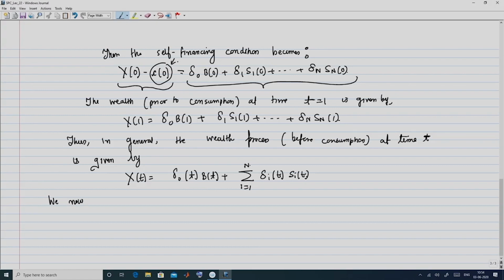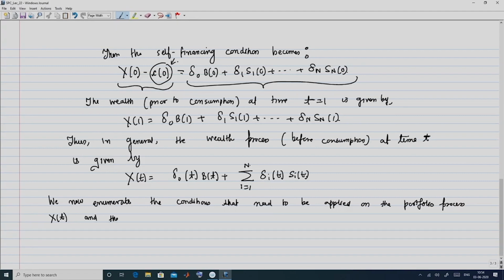So, we now enumerate the conditions that need to be applied on the portfolio process capital X of t and the consumption process.